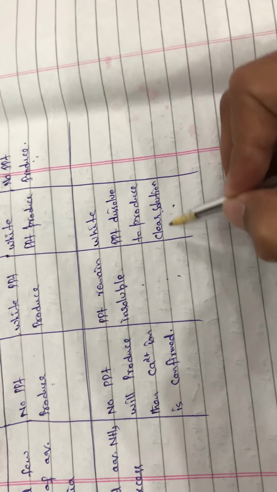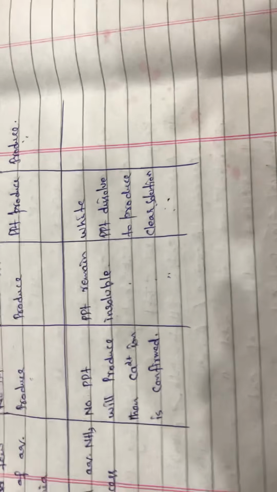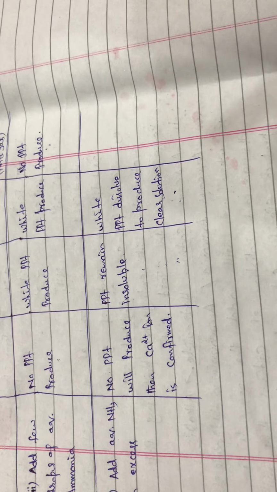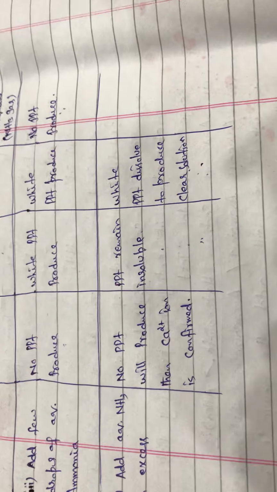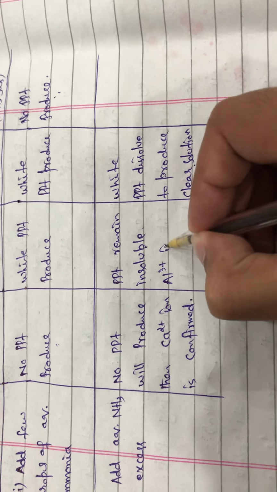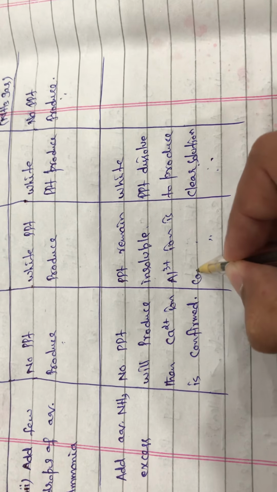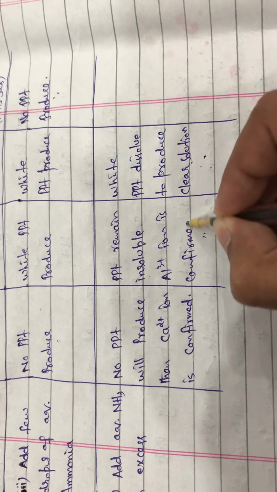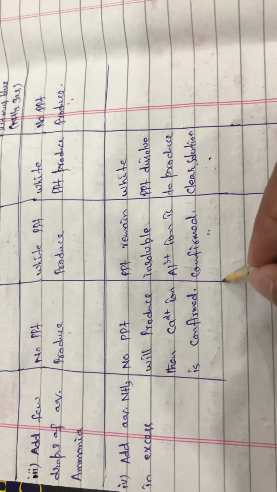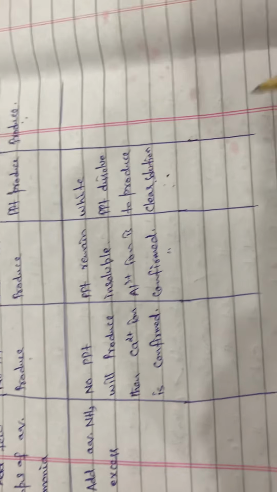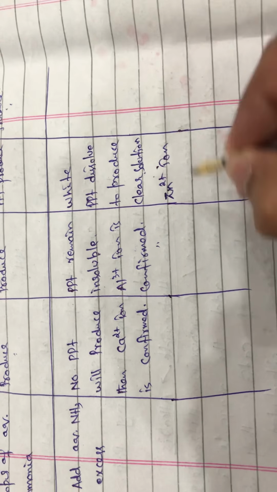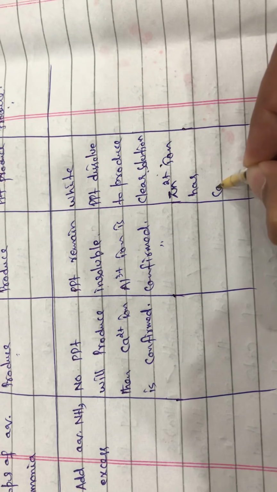It means that in the second series of experiment we can clearly identify whether it is an aluminium ion or a zinc ion. So over here you will write aluminium ion is confirmed, and for the zinc ion we will write the zinc ion is confirmed.